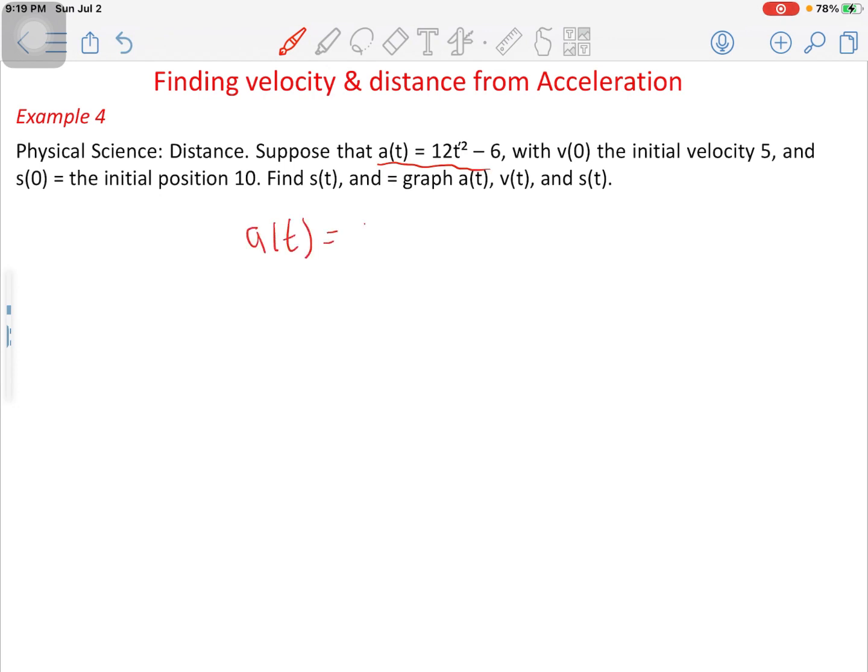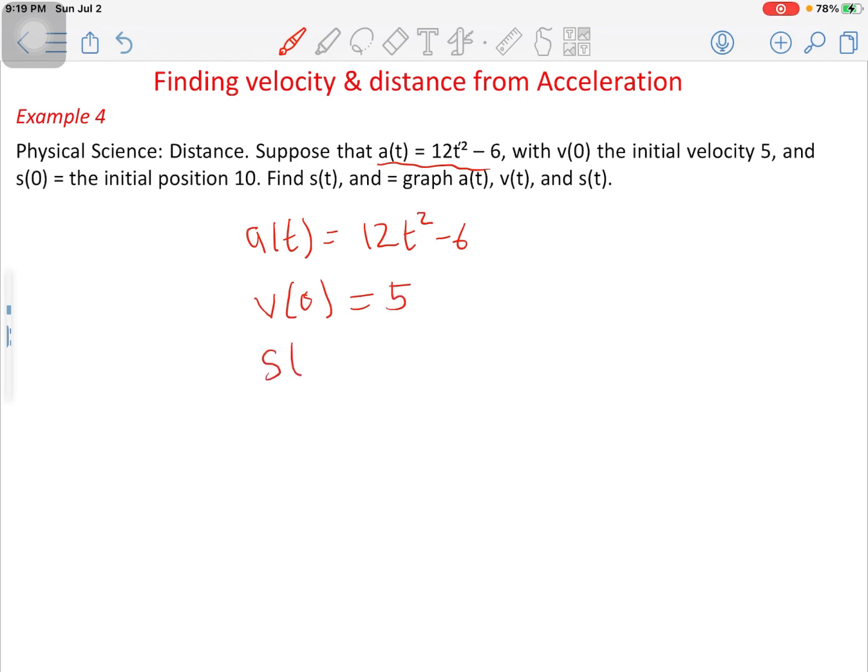a of t equal to 12t power 2 minus 6, with v of 0, which is an initial condition, being given. That's the initial velocity. We have been given that v of 0 is the initial velocity and is equal to 5.